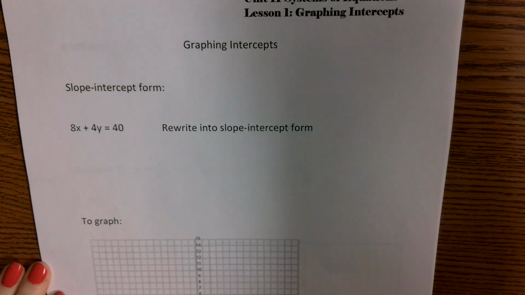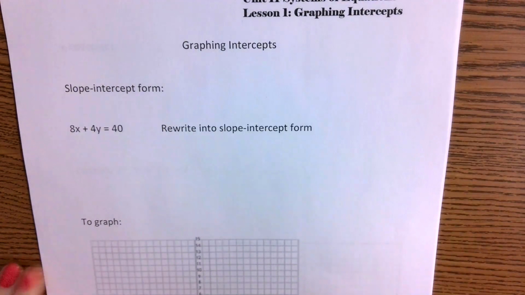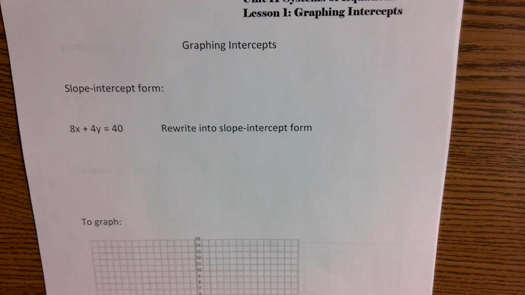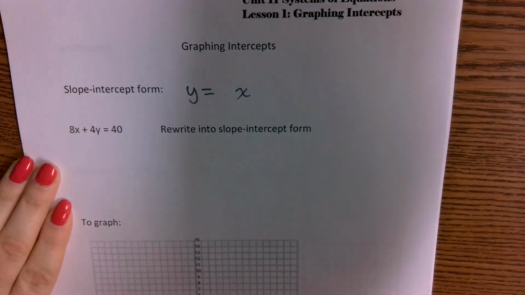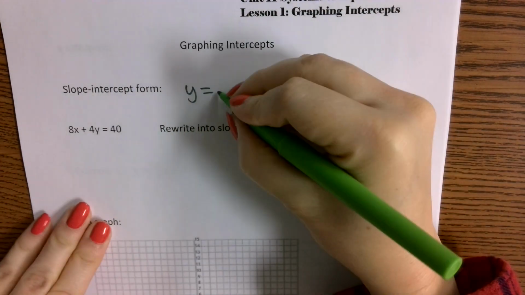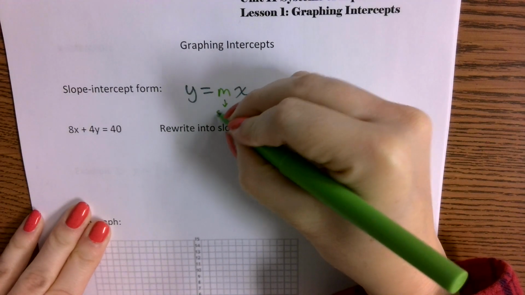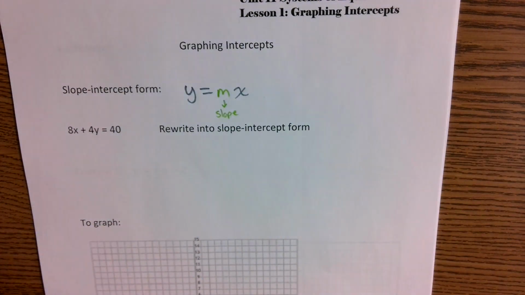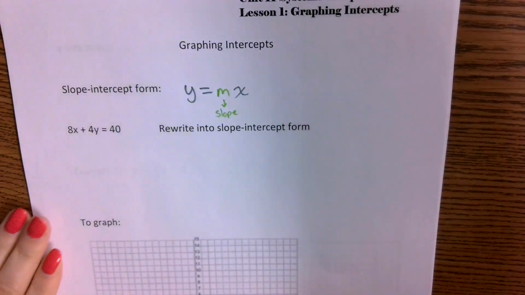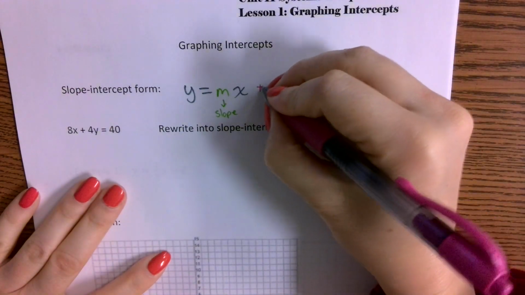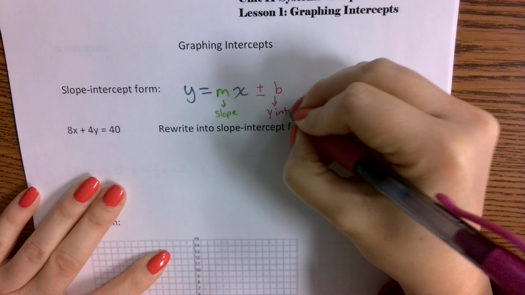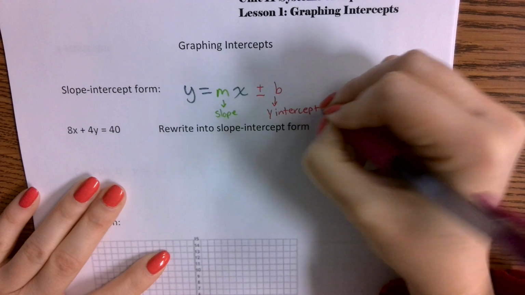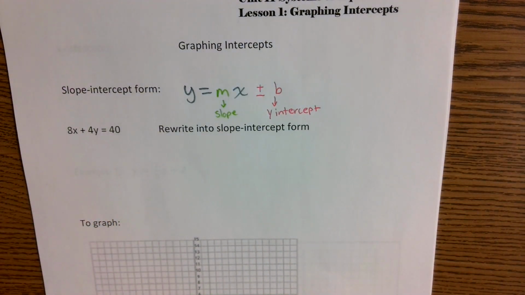As a key reminder, one more time, our slope-intercept form is y equals mx plus b, where m represents your slope, and the plus or minus b represents the y-intercept for your equation. That is the main format that we tend to put our equations into.